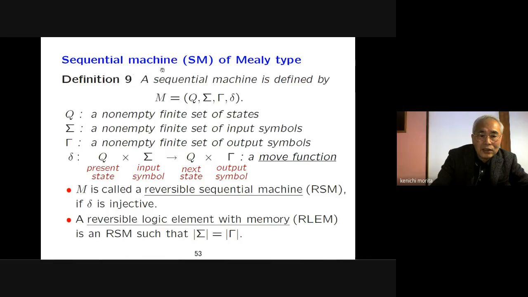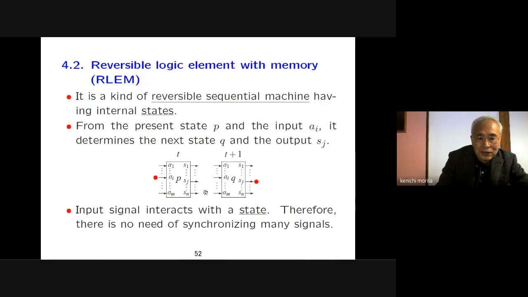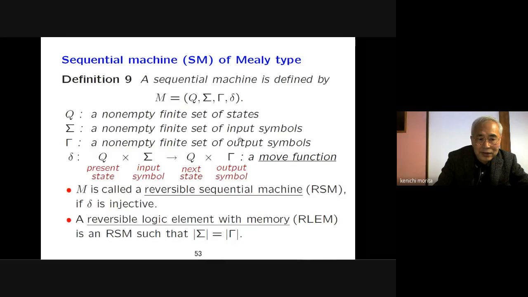A sequential machine of Mealy type is defined in the following way. But it is just as I have explained by using this figure. Therefore, I omit this formal definition. But anyway, a sequential machine M is called a reversible sequential machine, RSM, if the transition function delta is injective.